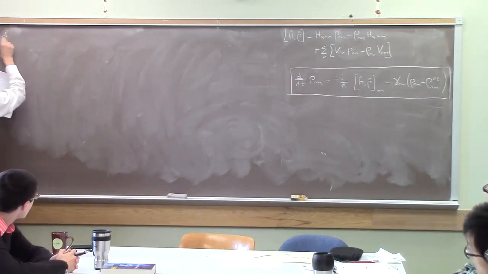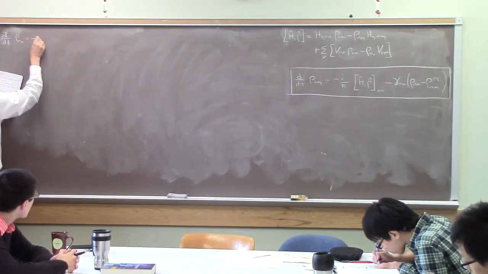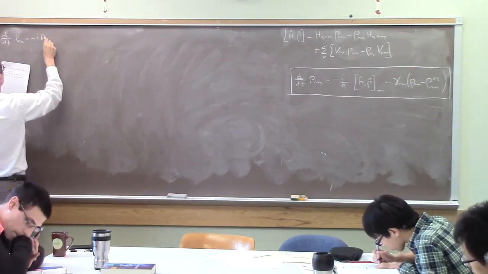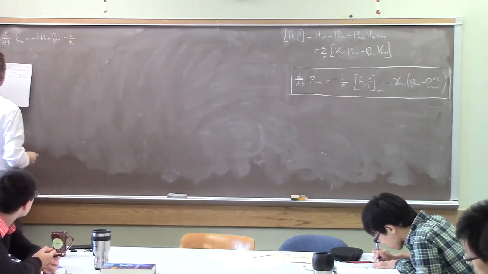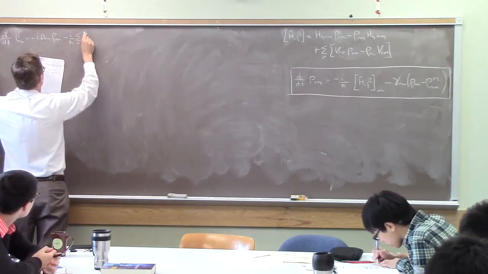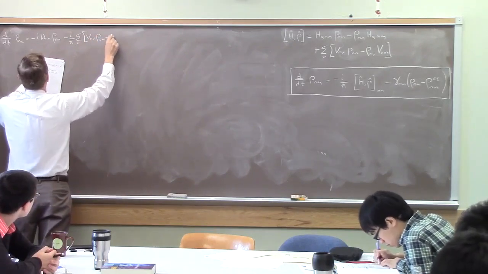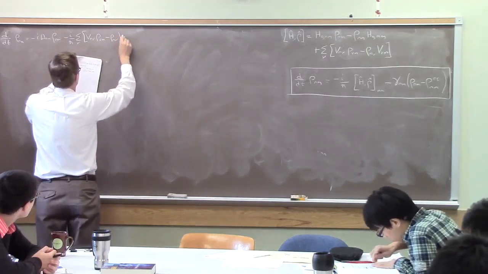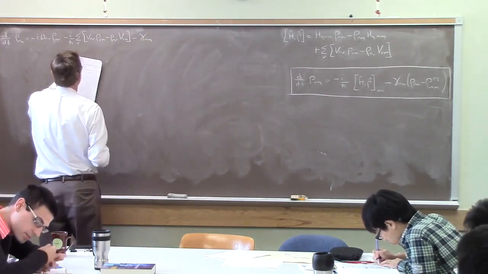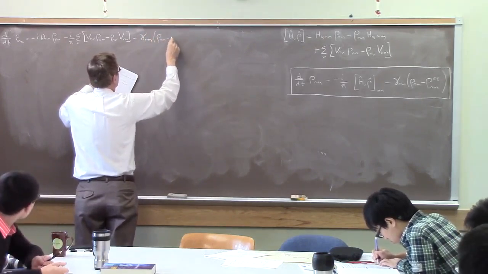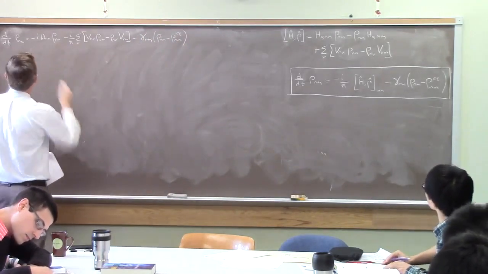We find that d by dt of rho NM is equal to minus i omega NM rho NM minus i over h bar, sum over nu of V N nu rho nu M minus rho N nu V nu M, minus gamma NM times rho NM minus rho NM equilibrium.